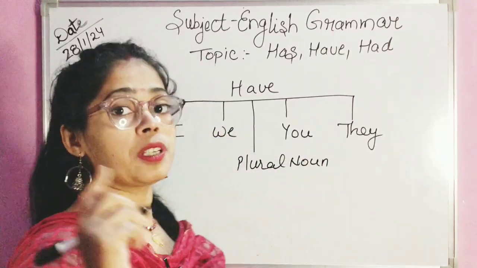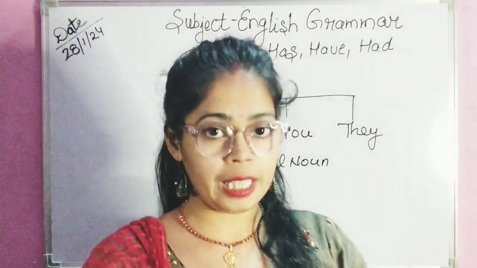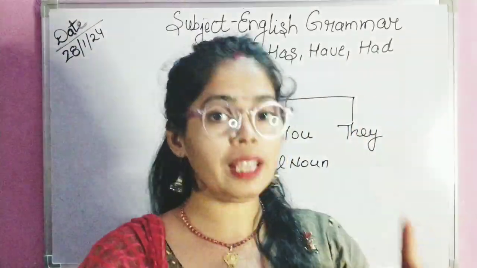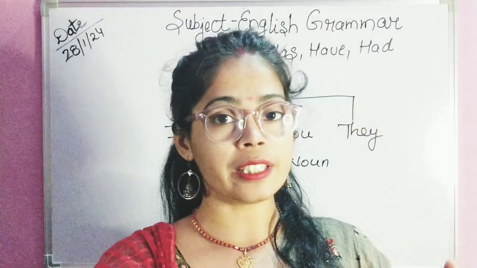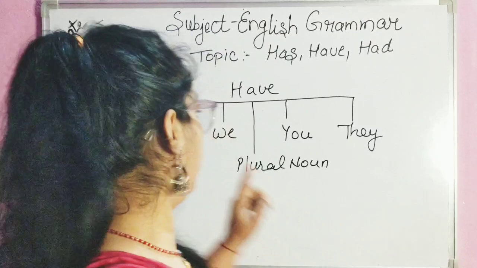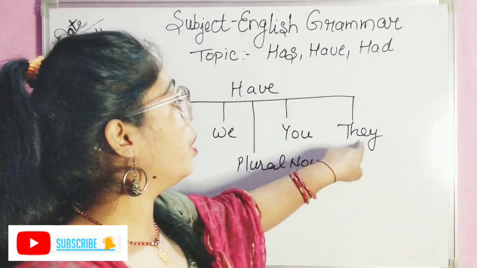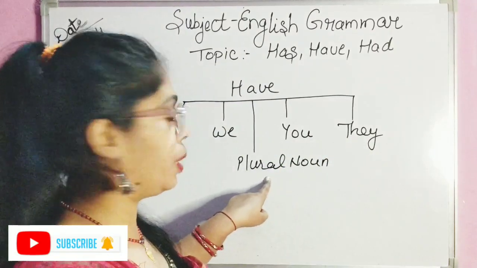So remember, students, has is always used with he, she, it, and singular noun. Repeat with me: he, she, it, and singular noun. And have is always used with I, we, you, they, and plural noun.